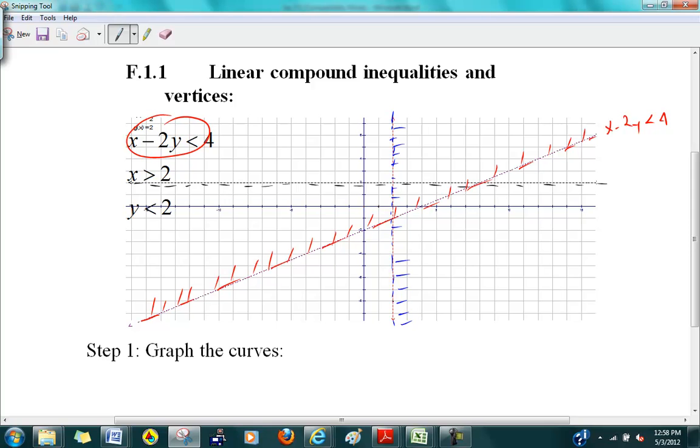And for the black one, it's less than, so it's going to be out here. And where do you think the three overlap? The little triangle there.